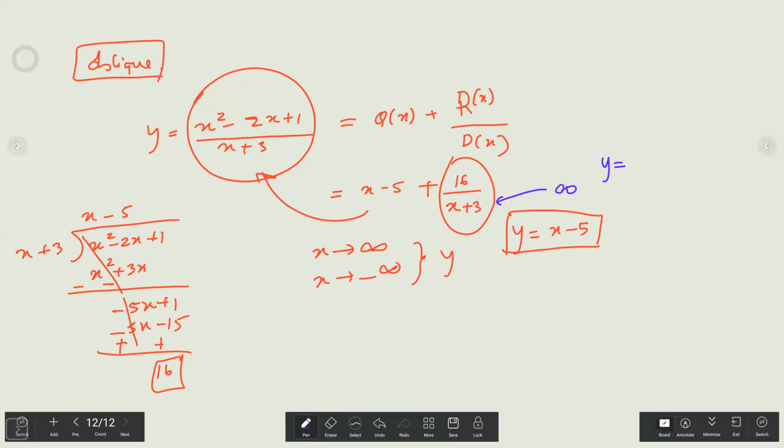That's your oblique asymptote. So let us try to sketch this graph based on this information and see how this graph behaves.